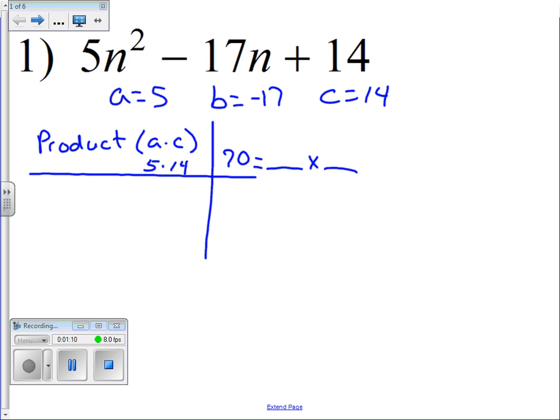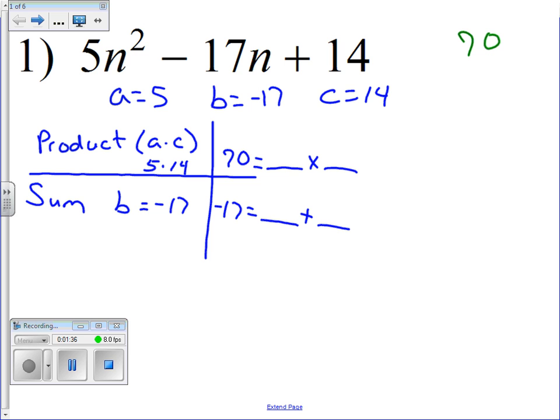And that could be two positive numbers, two negative numbers. I also want my sum, now that hasn't changed, it's still B, to be negative 17. So what are the factors of 70 that will give me a sum of negative 17?